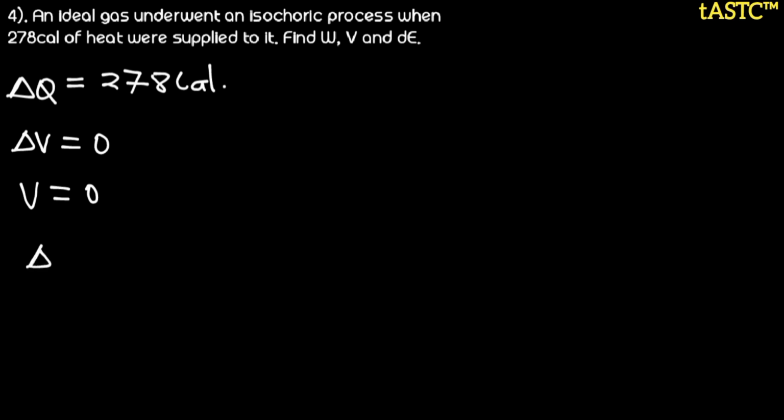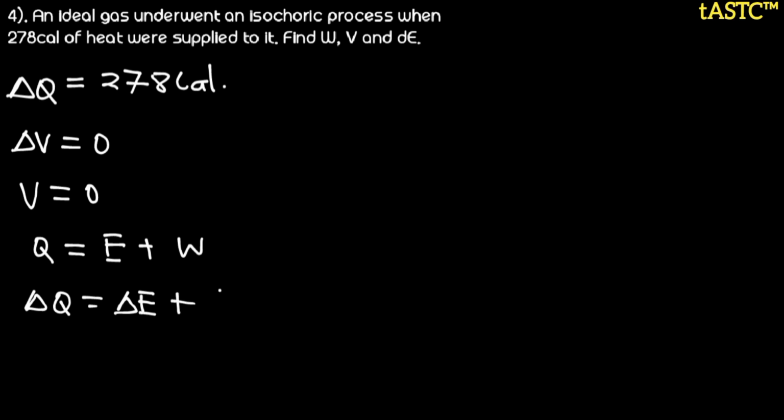Now, this is dQ, or I might rather take it back to this. This is E plus W, right? So we know that dQ is therefore going to be dE plus dW. But dW is the same thing as PdV. So this is dE plus PdV.